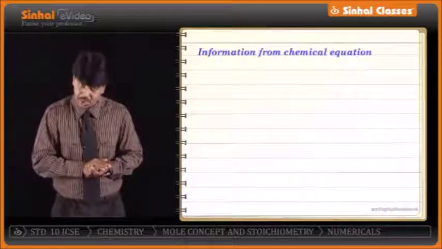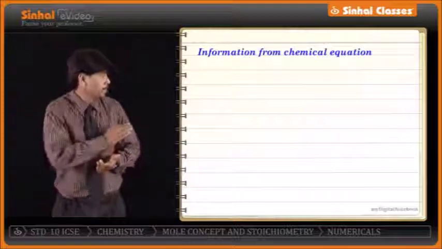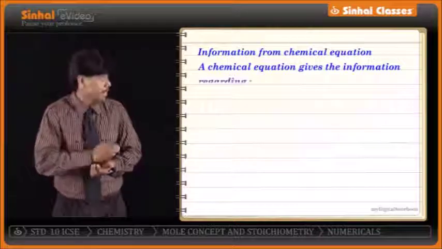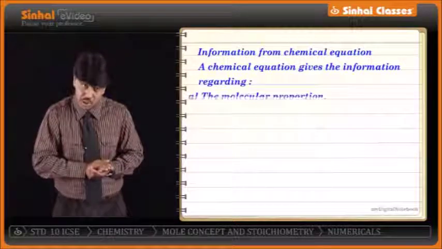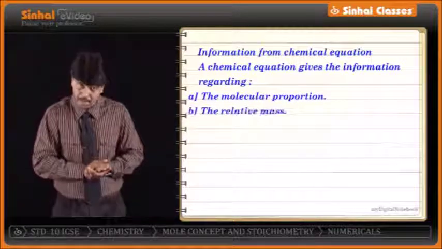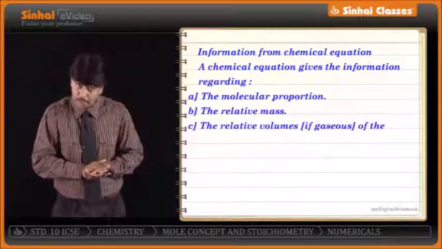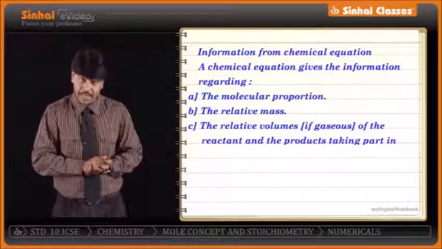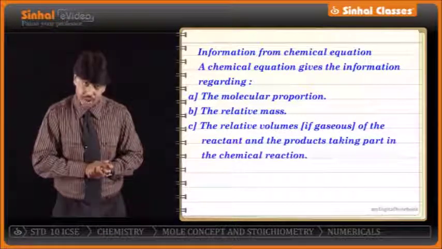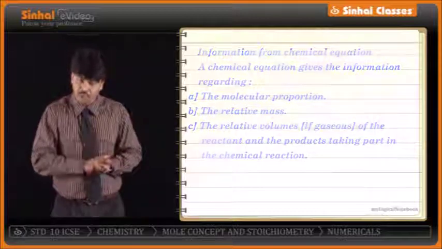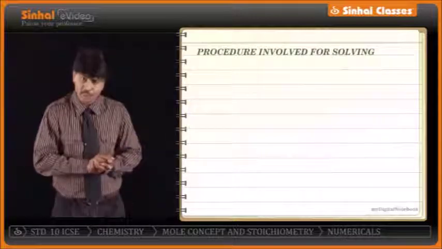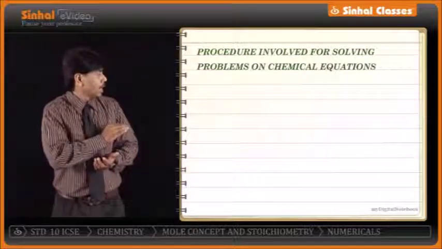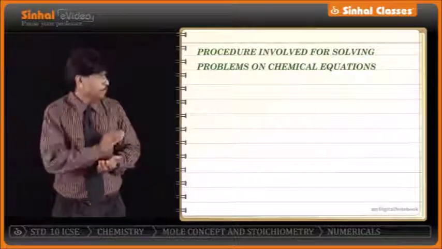A chemical equation will always give information regarding the molecular proportions, the relative mass, and the relative volume if gases, of the reactants and the products taking part in a chemical reaction. Let's see the procedure involved in solving the problems on chemical equations. Let's take an example and understand it.